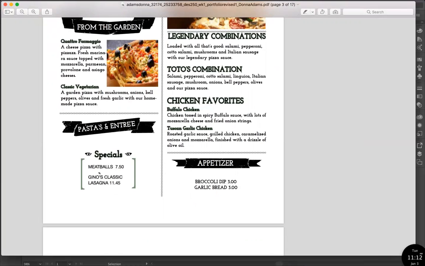They're both kind of pulled out, same fonts. But notice this one here is centered. So you've got broccoli dip and garlic bread centered with each other. This is left aligned. Also, you've left a lot more space between meatballs and Gino's classic lasagna than you did between these two items. So you've got two separate items there with quite a bit of space between them, two separate items here with no space between them. So I would bring those in line with each other.